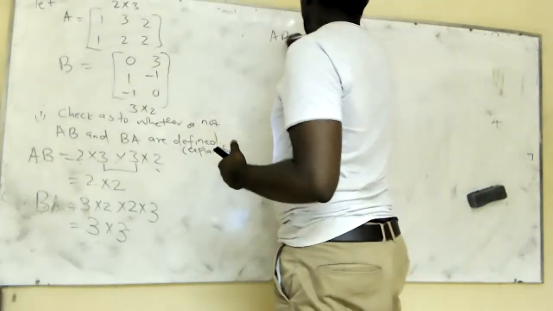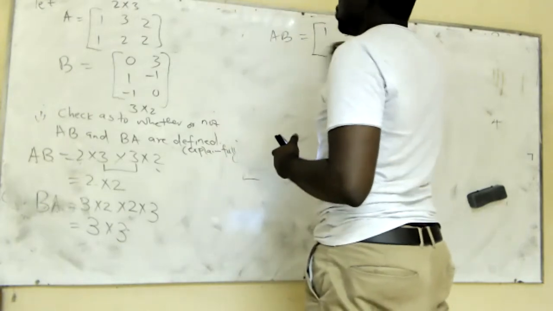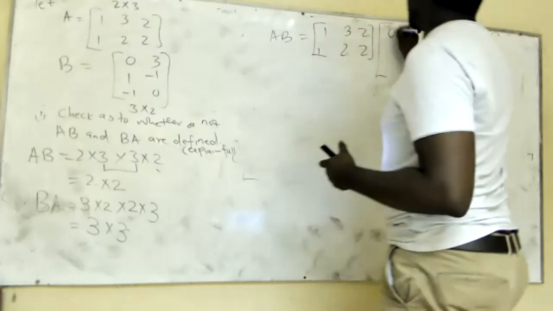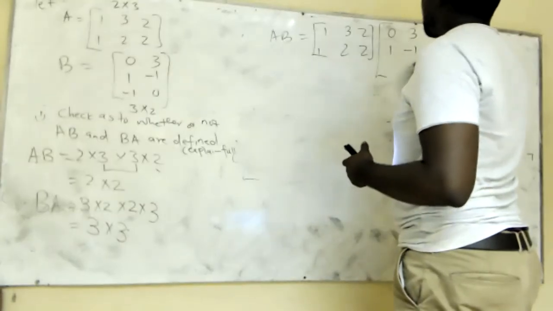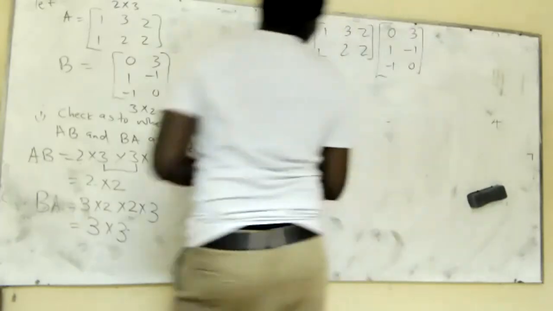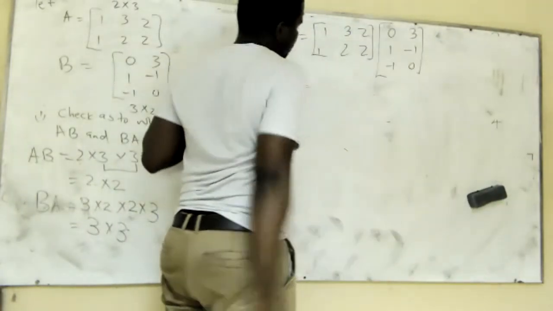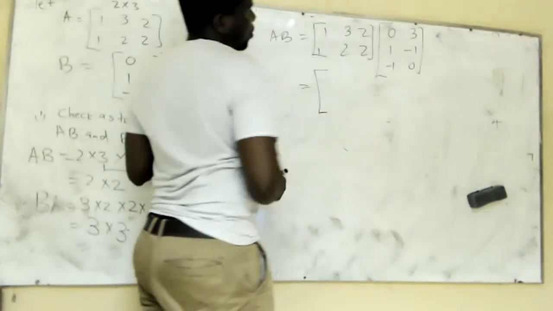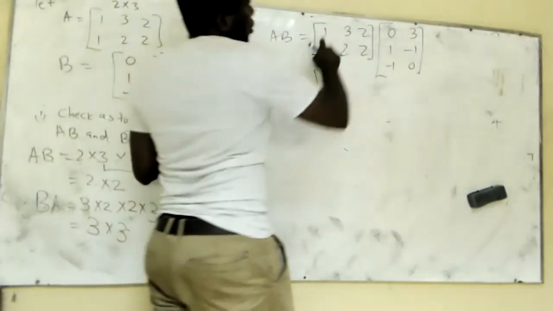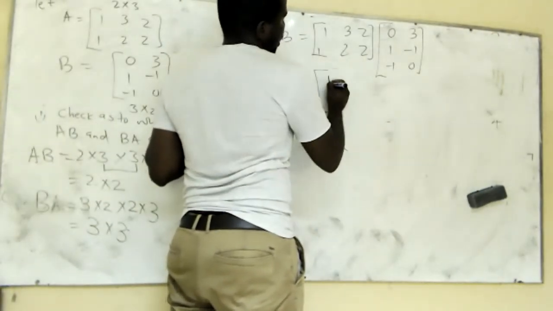So for AB, we're going to substitute the A, which in this case is 1, 3, 2, and 1, 2, 2, and then the B, which is 0, 3, 1, negative 1, negative 1, 0. So we multiply these together. What I want you to get: we multiply this with that. It's going to give us what? It's going to be 3 minus 2, which is 1.